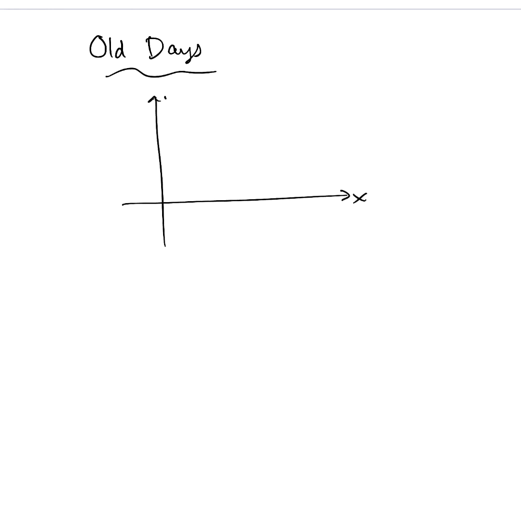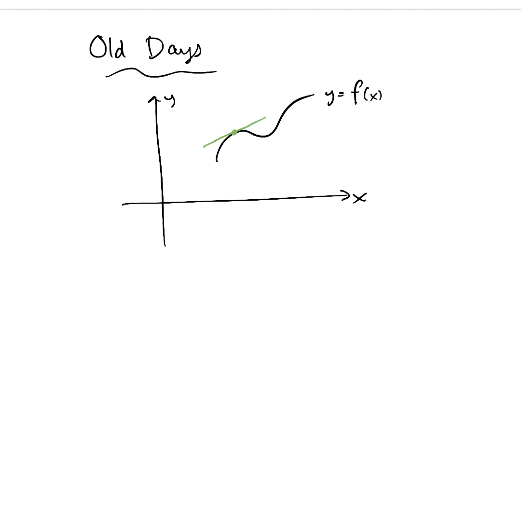So in the old days, differentiable meant when you draw the curve, the tangent line at a point is a very good approximation to the curve at that point.